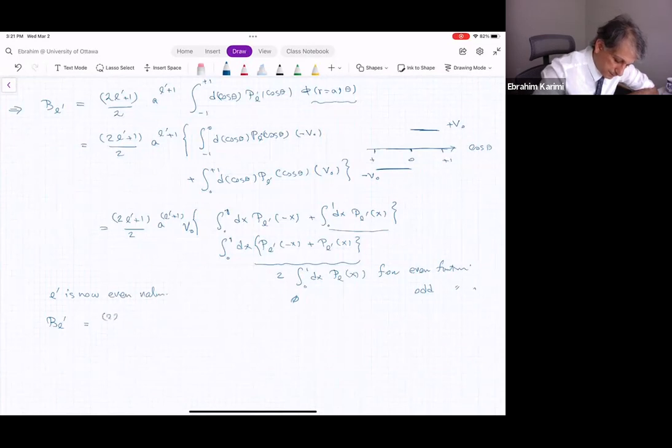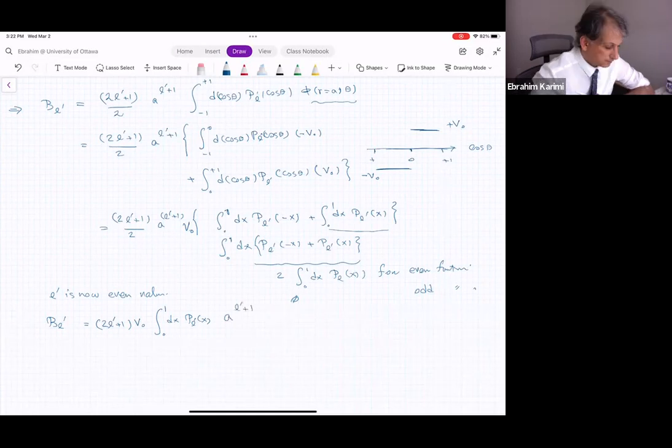The 2 goes away, then I get (2L'+1) V0 times the integral from 0 to 1 of dx P_L(x), which now we will look for, and then I have a power of L' plus 1.